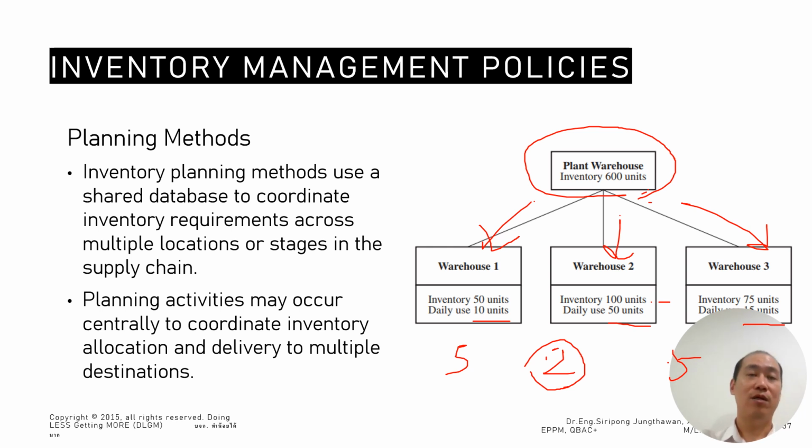We call this day of supply. You can supply just 2 days, so you have to fill it more than the 5 days here, right? Based on the lead time that you link between the plant warehouse and locations number 1, number 2, and also number 3, you can balance between lead time and day of supply. Understand about that? Okay, next.